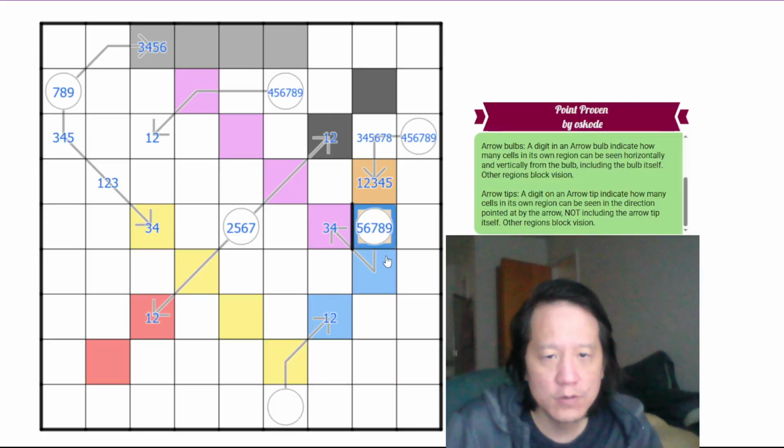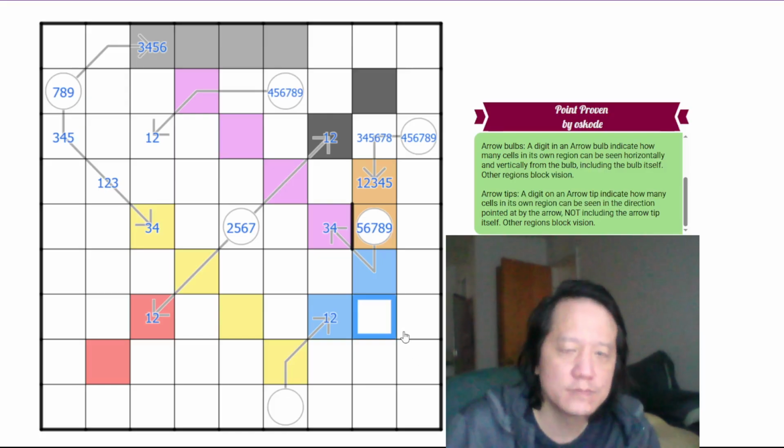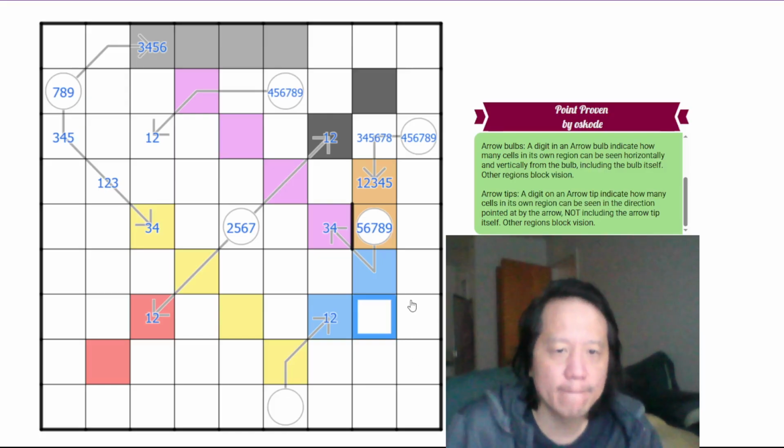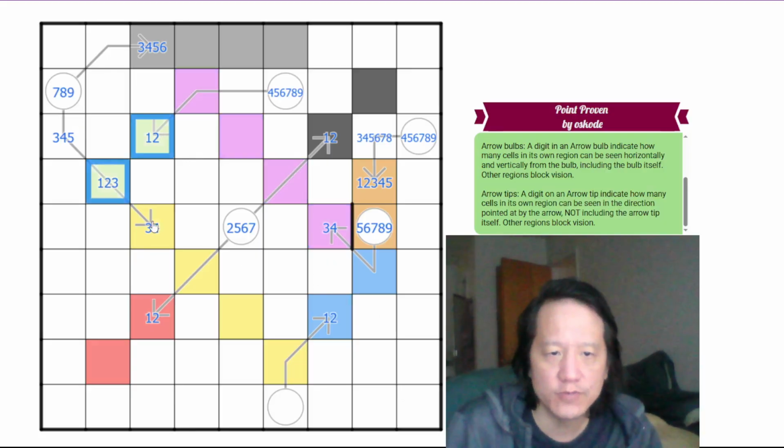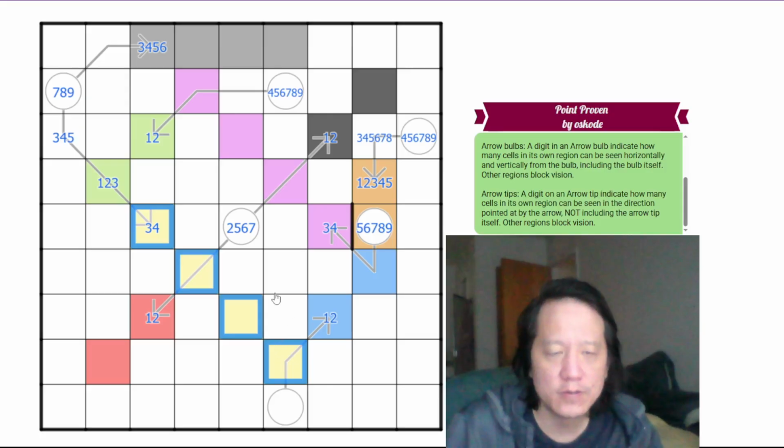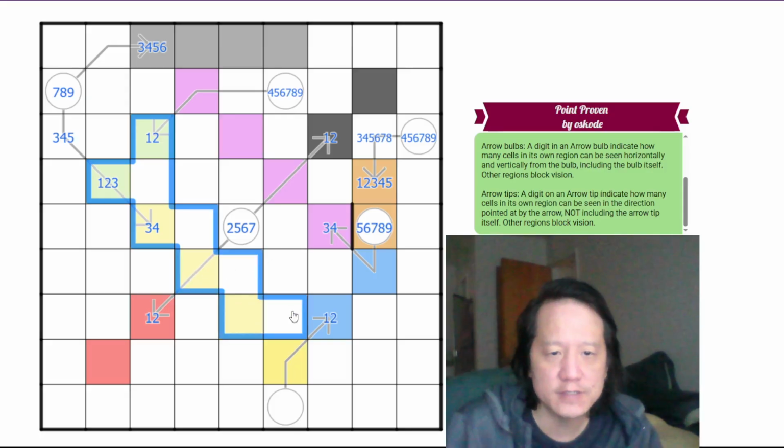So it could technically be part of dark, but it's probably going to be part of this blue region. Interesting. Again, this can't be part of the pink region, so we're going to make that green. It cannot be part of the yellow region either, right? 1, 2, 3, 4, 5, 6, 7, 8, 9, 10.